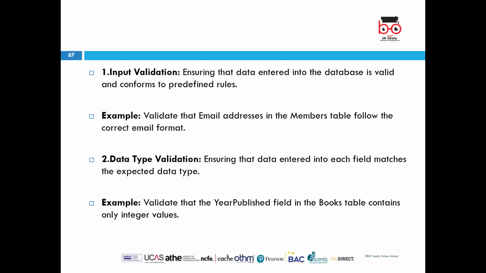Say if the user made a mistake and they did not include @ or .com or whatever, our table has to have the ability to validate the effectiveness of the data that's been input by our user. Data type validation, again, ensuring that the data entered in each field matches the expected data type. So if we enter in a name, this shouldn't include numbers.